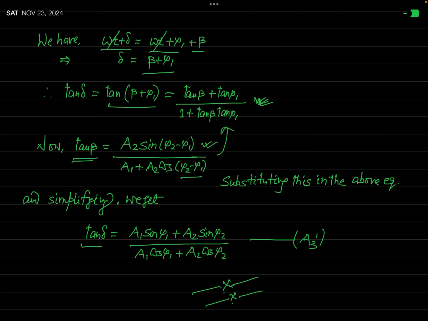After simplification, you will see that tan delta is equal to A1 sin phi 1 plus A2 sin phi 2 over A1 cos phi 1 plus A2 cos phi 2. And you can see this result is the same as that we obtained in our first analytical method. So in this way, by these two methods, you can easily find the resultant of two simple harmonic motions of equal frequencies acting on the same line in the same direction.